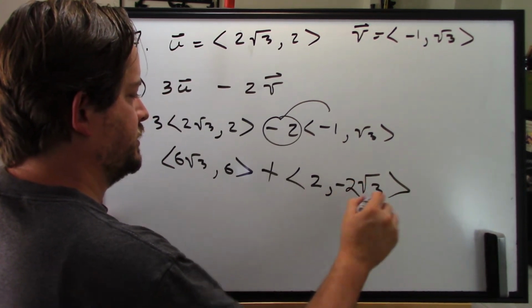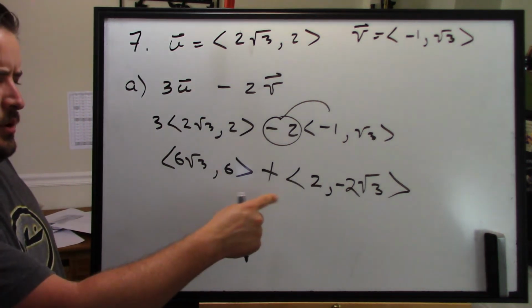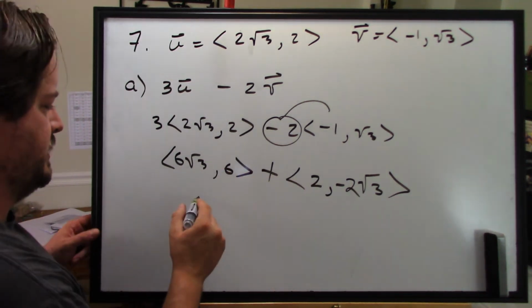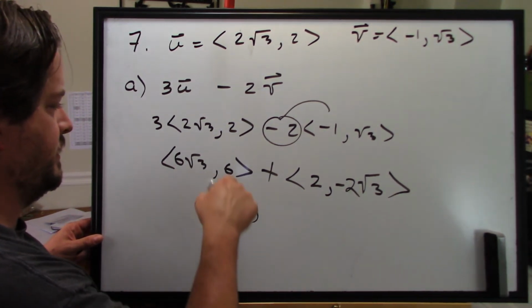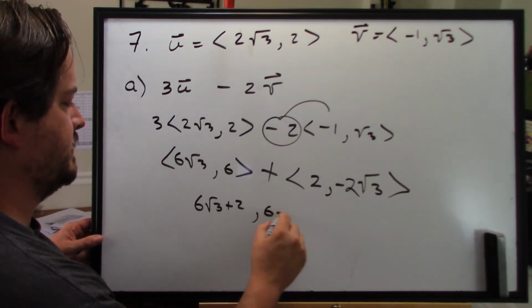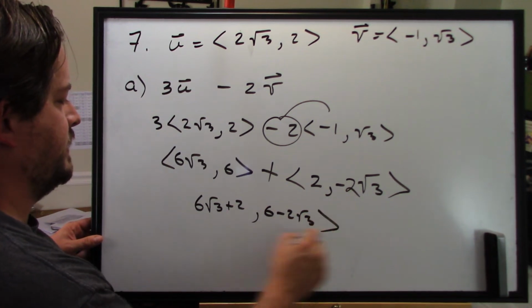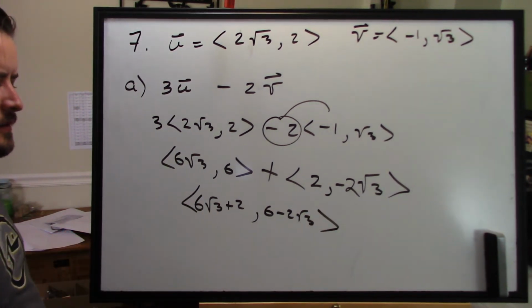It's a goofy looking 2. And then I just add component wise. 6 root 3 plus 2, comma, 6 minus 2 root 3. And that's my resultant vector.